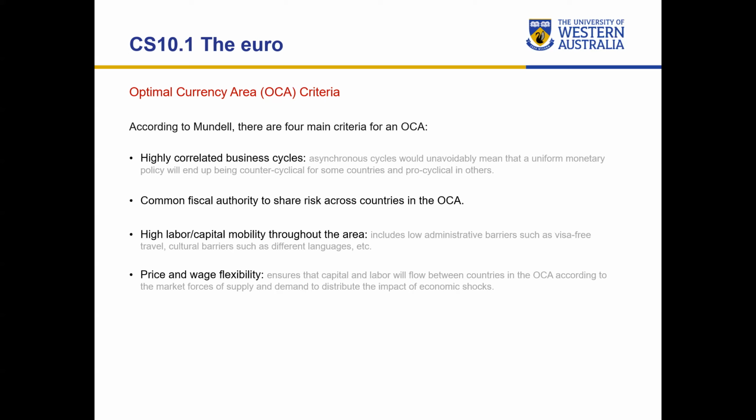That'll put downward pressure on the exchange rate, which will help that country move out of recession by boosting net exports. But now we've got a country that's in recession, it's using a common currency, and it's one of many countries. Interest rates are set at a neutral level. The currency that this country in recession has adopted, that is not getting pushed down because interest rates haven't been slashed.